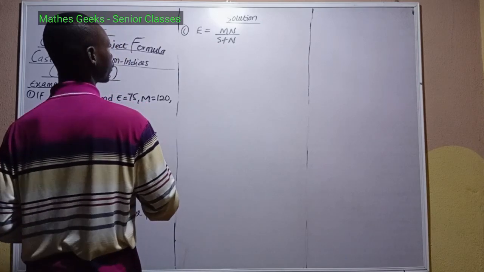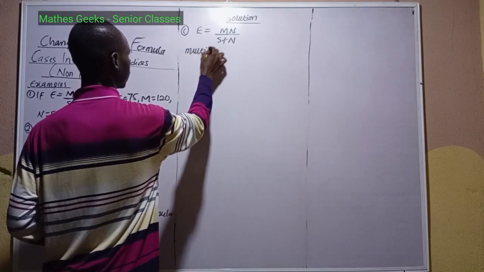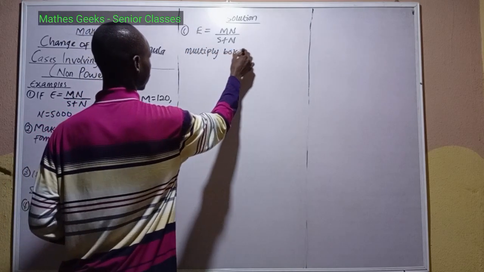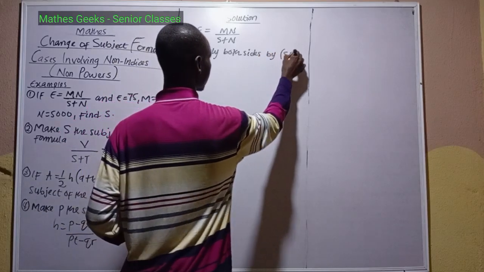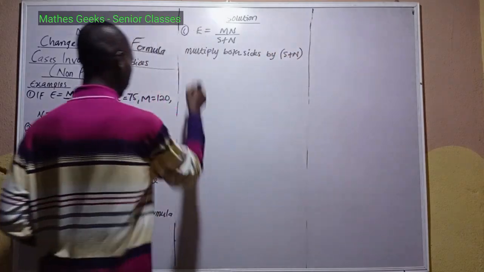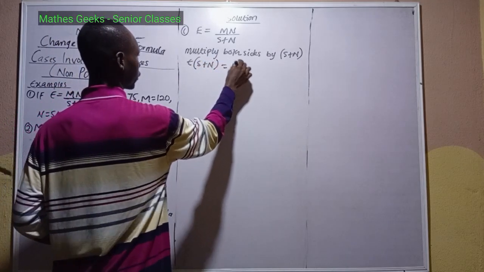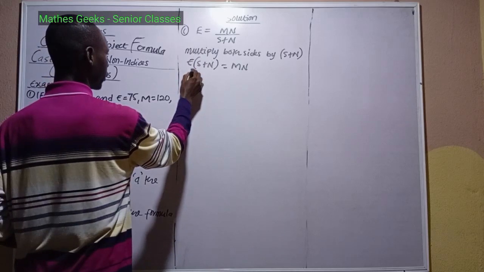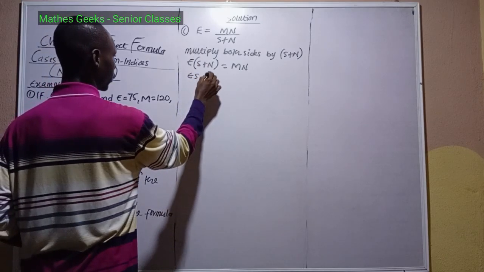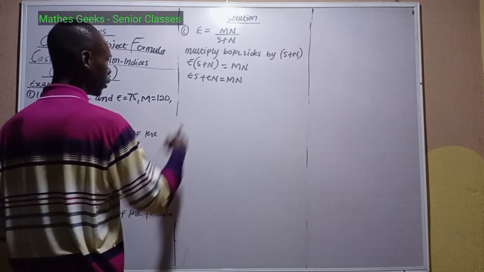So the first thing is to multiply both sides by S plus N. E times S plus N equals N. E S plus E N equals N.